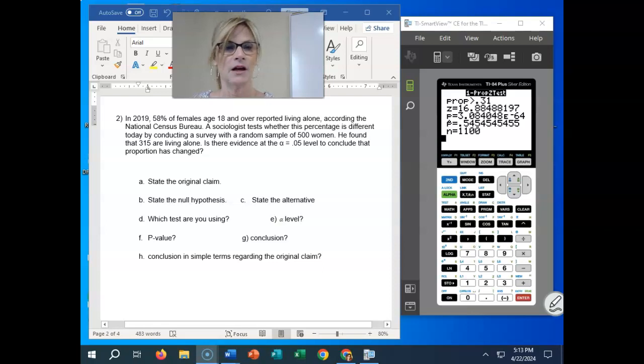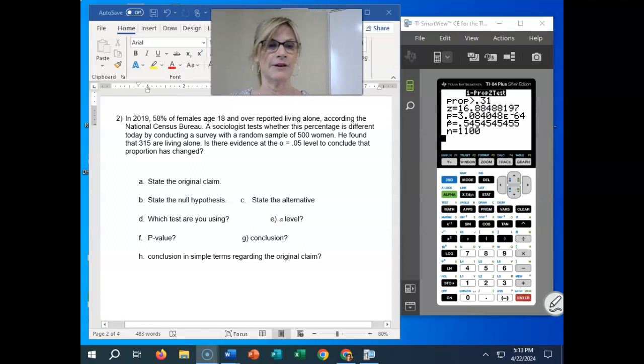A sociologist tests whether this percentage is different today by conducting a survey with a random sample of 500 women, and he found that 315 are living alone. Is there evidence at the 5% level to conclude that the proportion has changed?